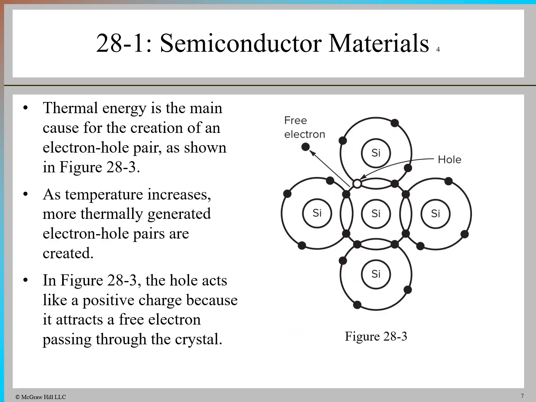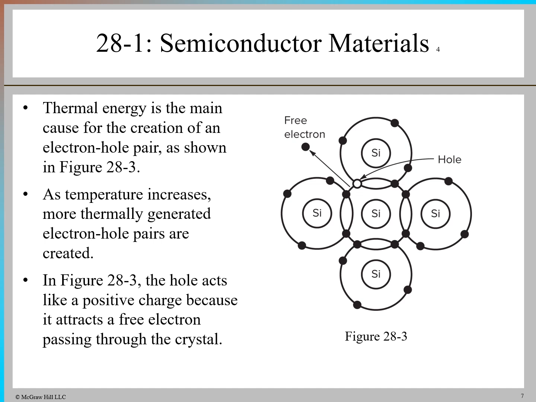At absolute zero, all valence electrons are locked in their covalent bonds, and no free electrons exist. However, at higher temperatures, some electrons gain enough energy to escape from their bonds, creating free electrons and vacancies called holes. These electron-hole pairs are thermally generated and increase with temperature.